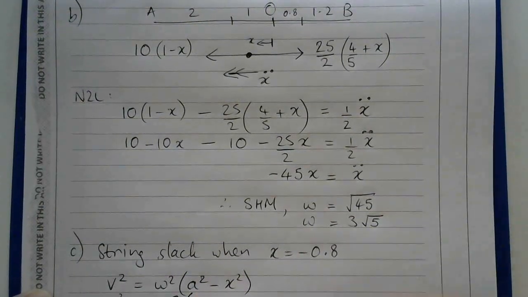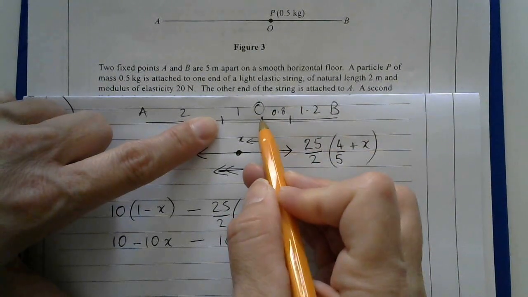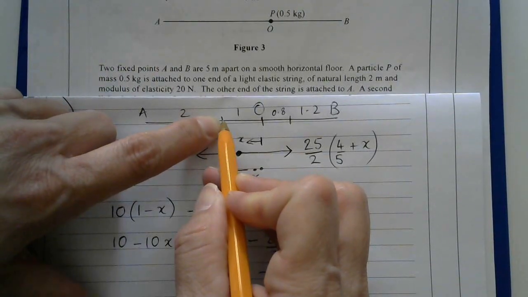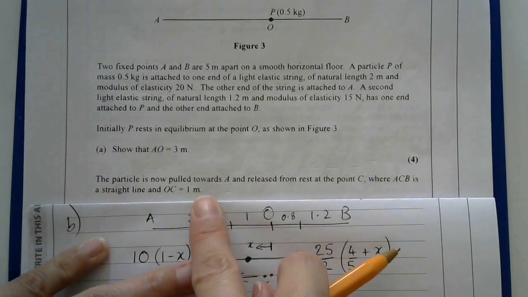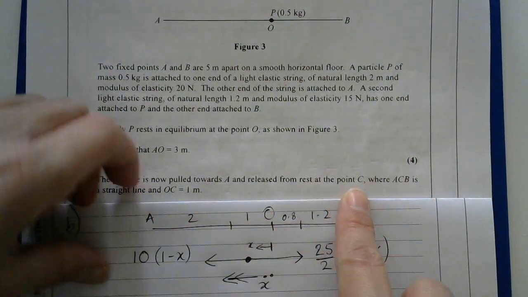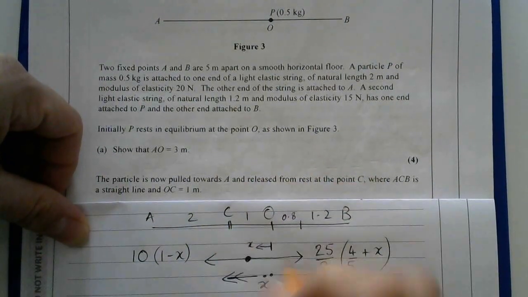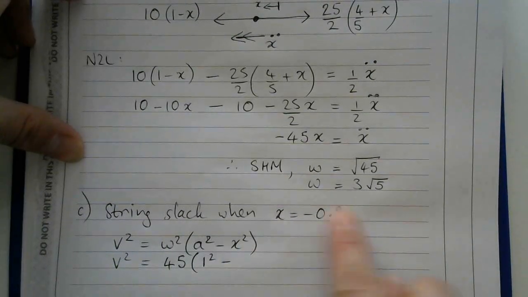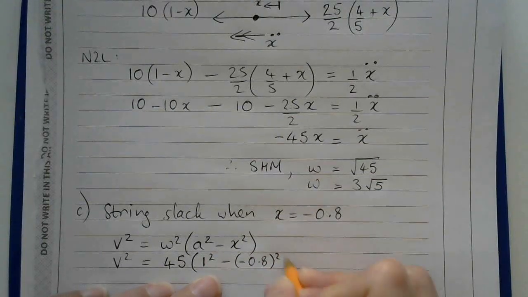The amplitude, I can see the amplitude because the amplitude will be 1 because that is how much the string is originally extended. If you remember, it was pulled back here so that it was released from rest from point C, and OC is 1, so C is here, and so the amplitude will be 1 minus x squared, and this squared will give me negative 0.8 squared.